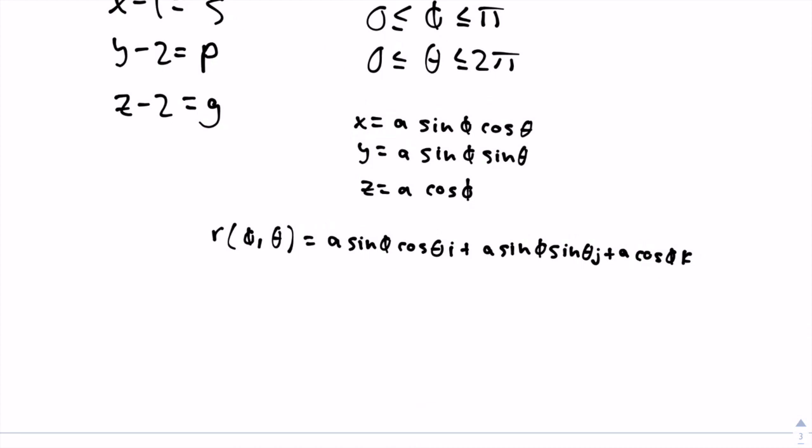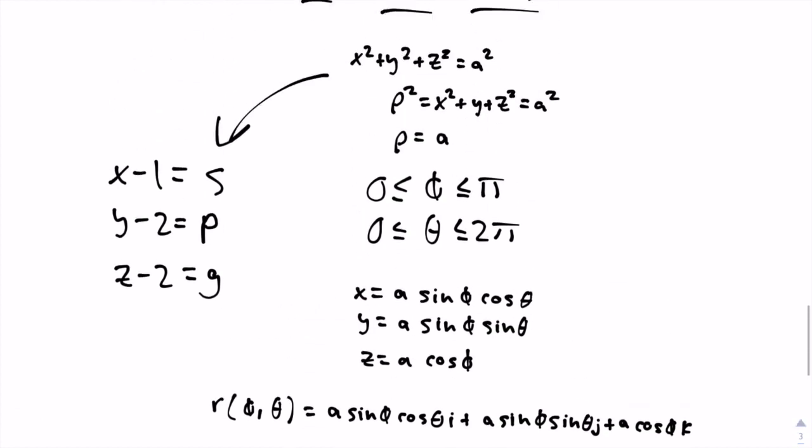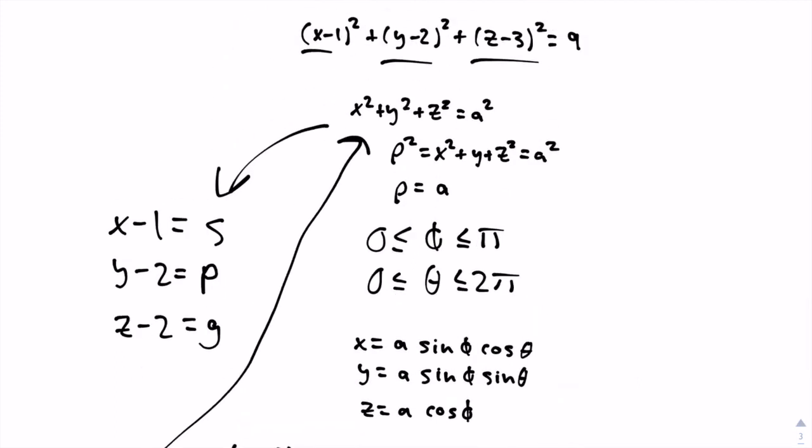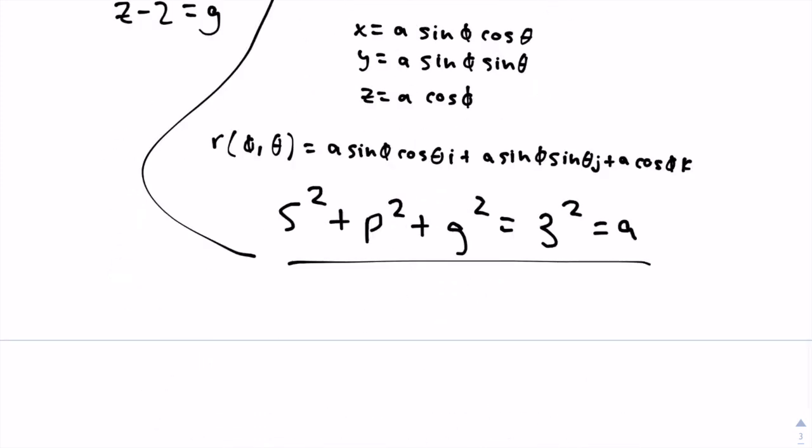And because of this, we can write our sphere centered at 1, 2, 3 in terms of the rectangular coordinates s squared plus p squared plus g squared is equal to 3 squared, which in this case can be 9. And when looking at this rectangular equation, we see that it is very similar to the rectangular equation we had for any arbitrary sphere centered at the origin with a radius a, which in our case, we can say that a is equal to 3, as 3 is our radius.